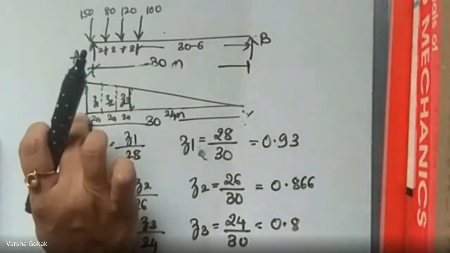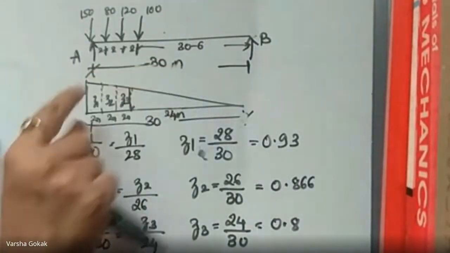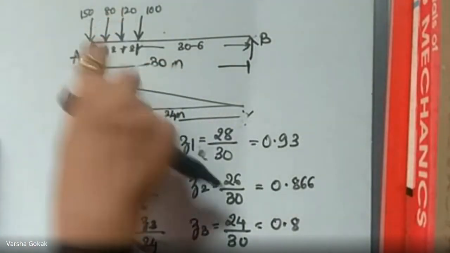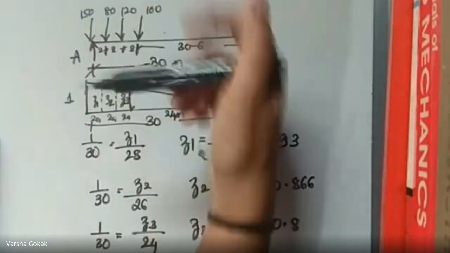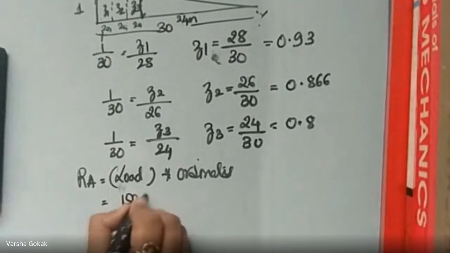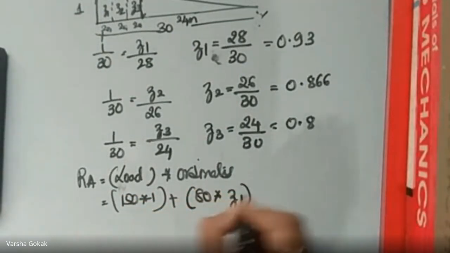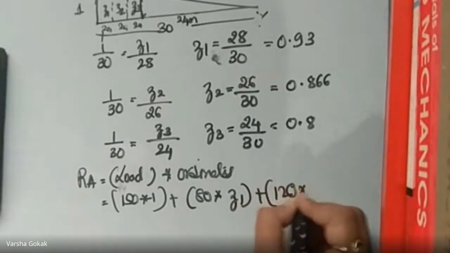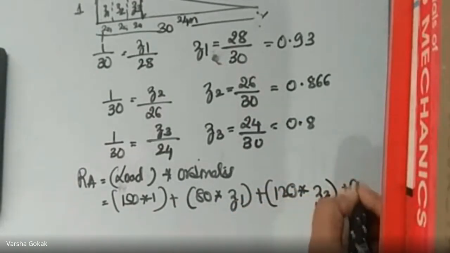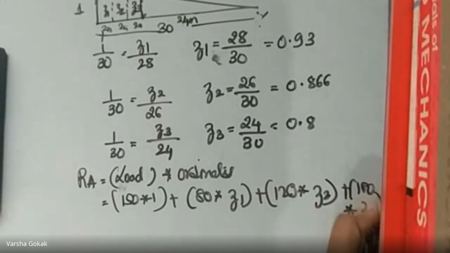So 150 into 1 plus 80 into Z1 plus 120 into Z2 plus 100 into Z3.